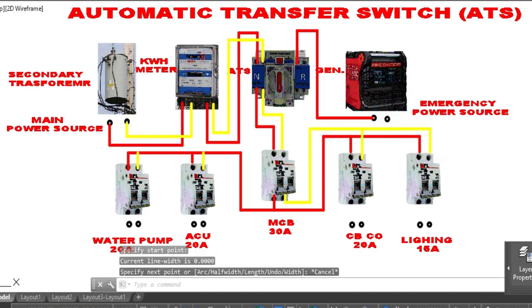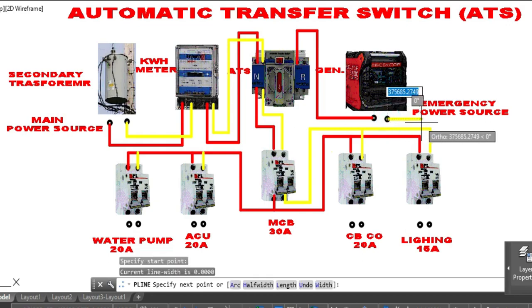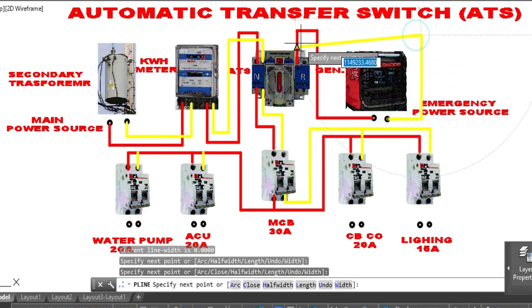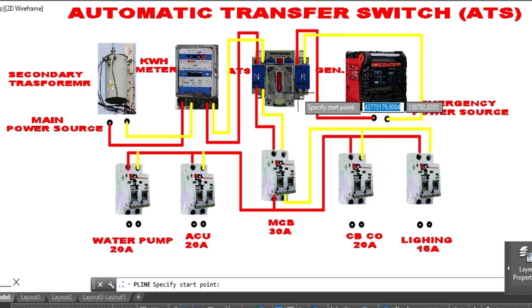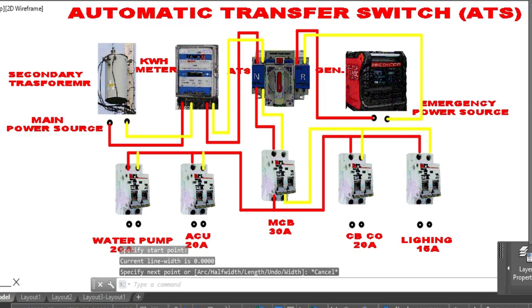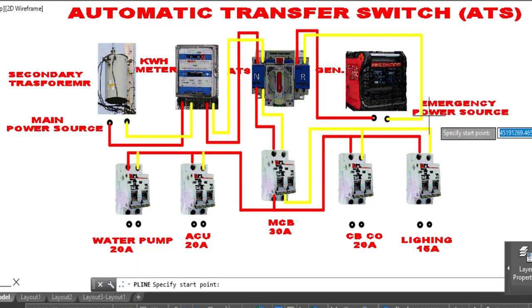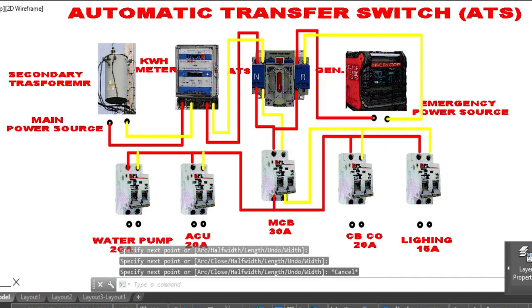Line 2 should be yellow. From here, we are going this way, and then to the load side of the ATS of the emergency power source. Then line 2.